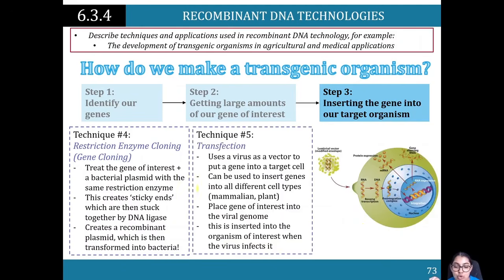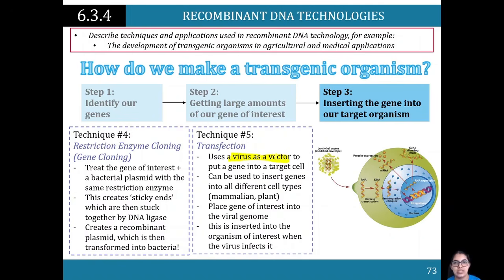We can also use transfection, which is basically using a virus as a vector to put the gene into the target cell. Remember, viruses don't have their own machinery to produce proteins. So we're going to put a gene into the virus, and send the virus into the target cell, and the virus is going to hijack the machinery of the target cell.